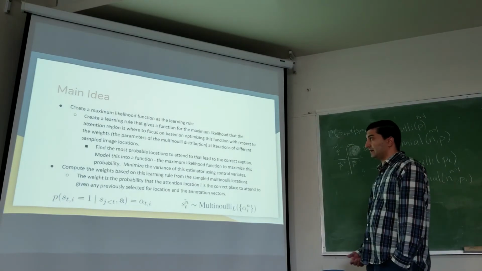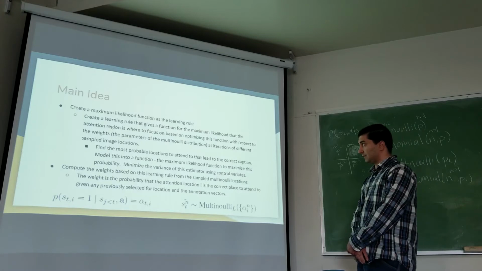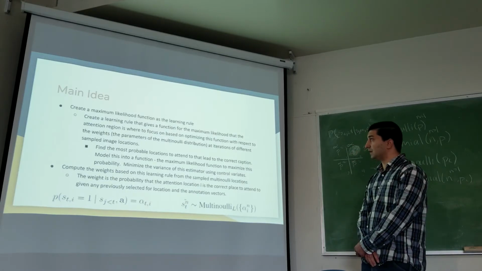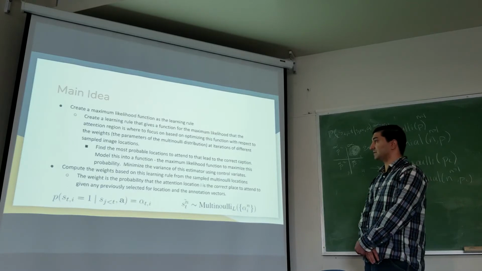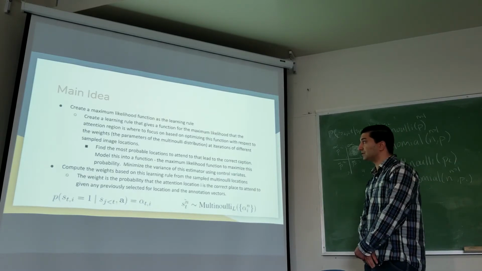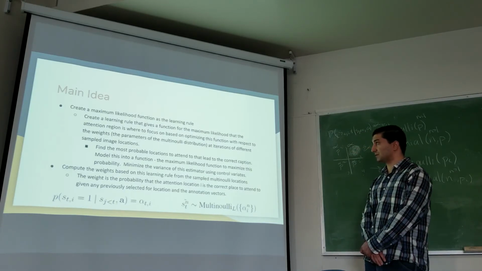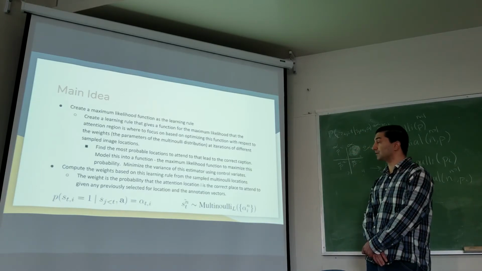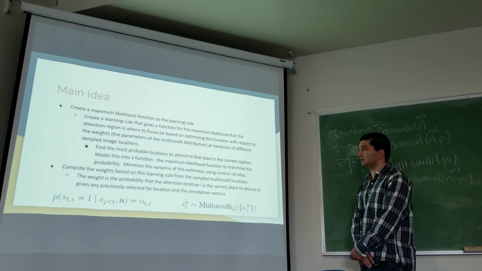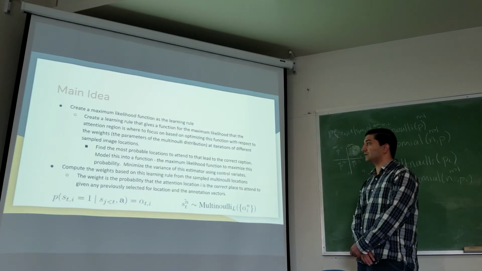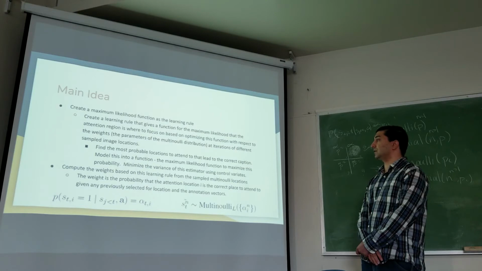So here's the main idea. We're going to create a maximum likelihood function as the learning rule. We're going to create a learning rule that gives us a function for the maximum likelihood that the attention region is where to focus, based on optimizing this function with respect to the weights, the parameters of the multinoulli distribution at iterations of different sampled locations. In other words, we are going to find the most probable locations to attend to that lead to the correct caption.